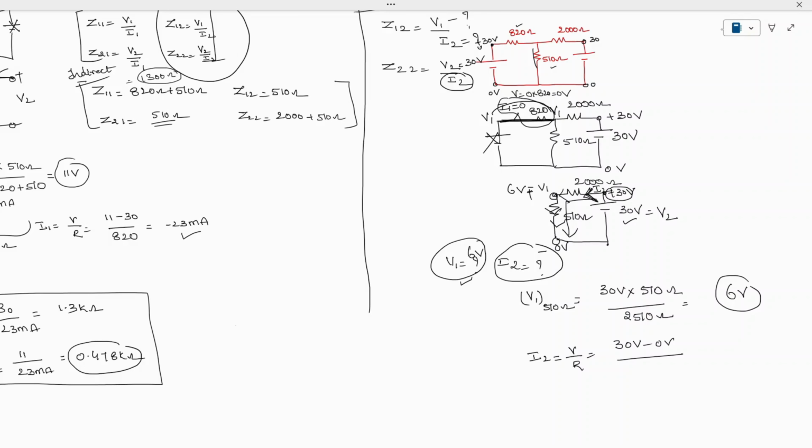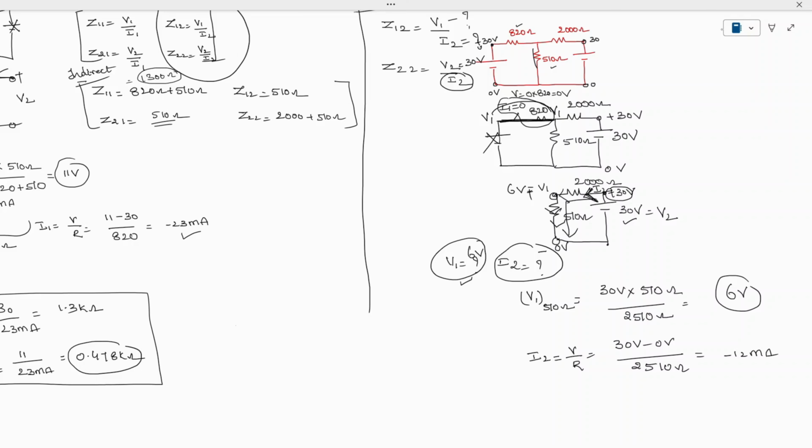I can say these two are connected in series, which is 2510 ohm. Then you are going to get the value of I2. Okay, so therefore the value of I2 you are going to get as minus 12 milliampere.